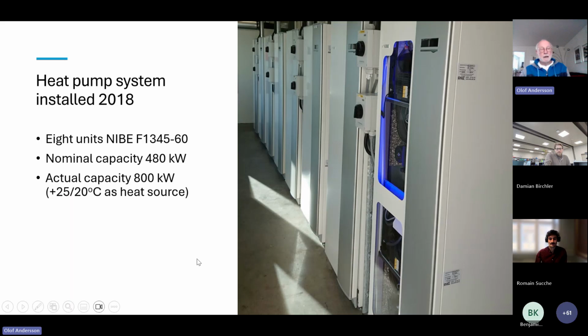It was installed in 2008. It was 8 units of NIBE 60 kilowatt, 480 kilowatt together. But it has an actual capacity of 800 kilowatt due to the fact that we have a nice heat source.